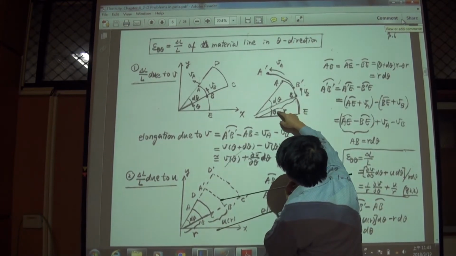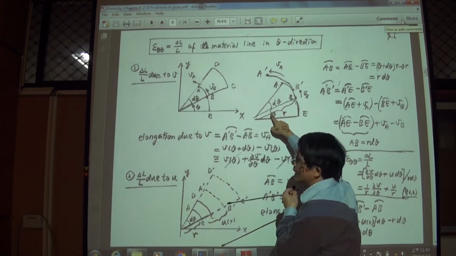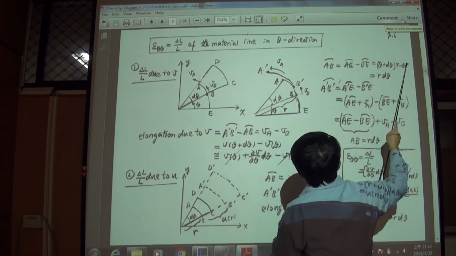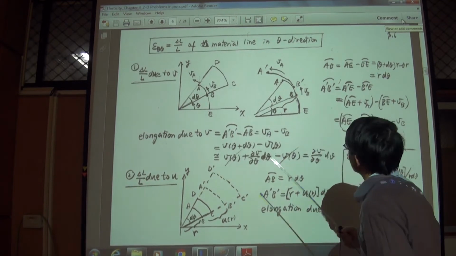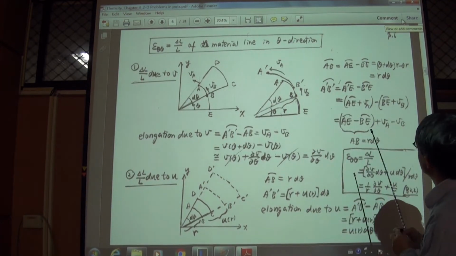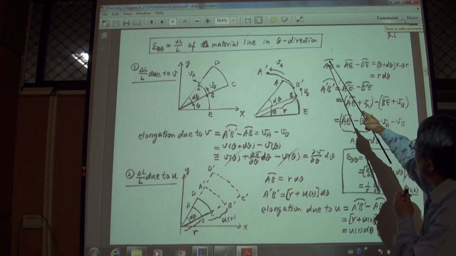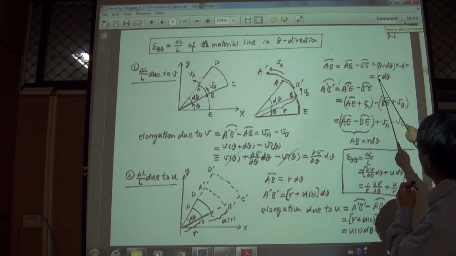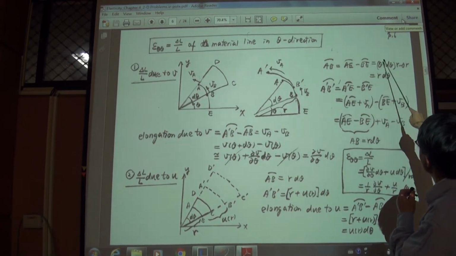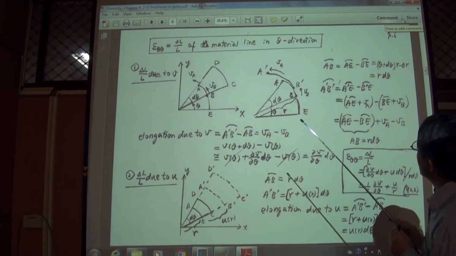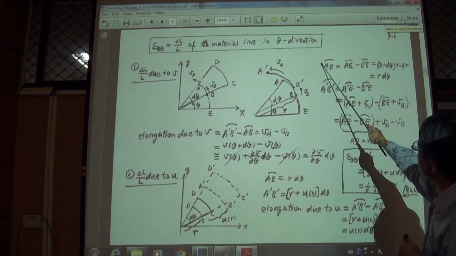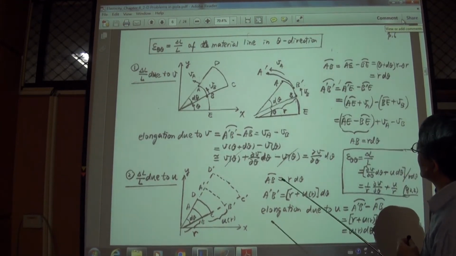This length equals theta times R. As a result, the length of AB equals R d theta, because the two terms cancel out. So AB, the arc AB, equals R d theta.